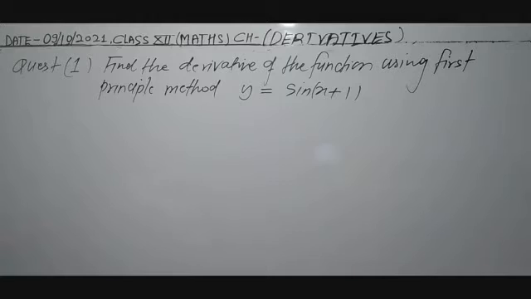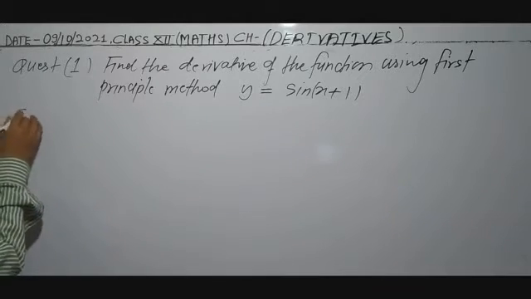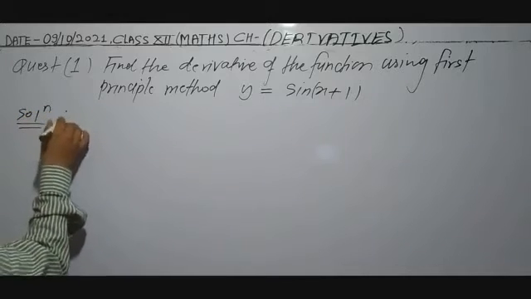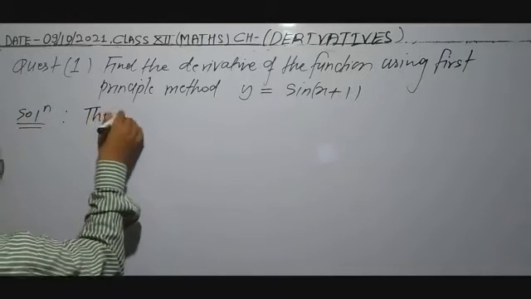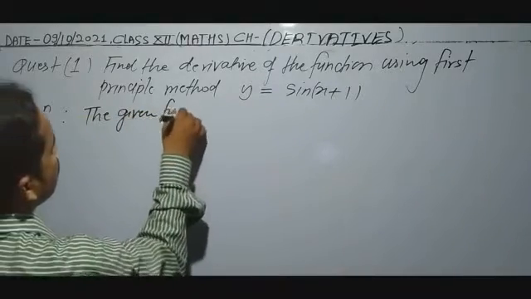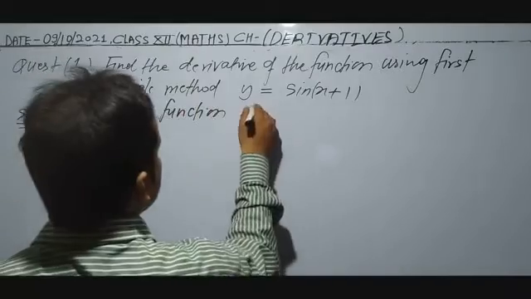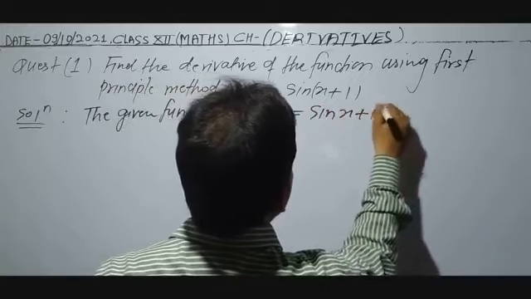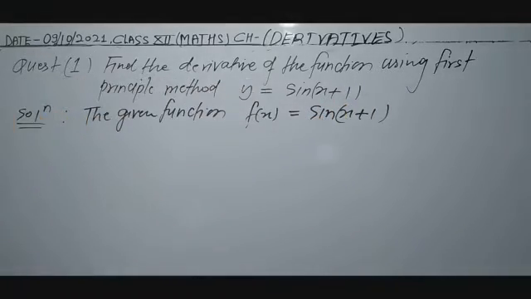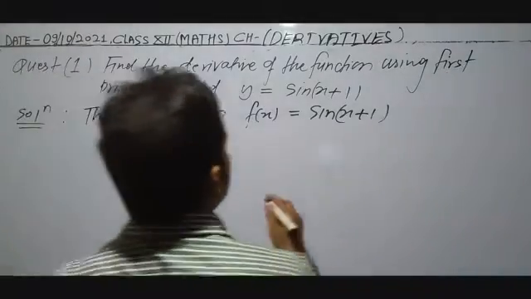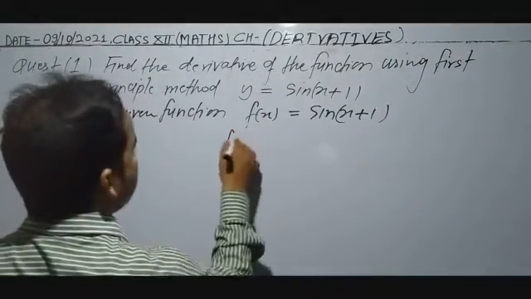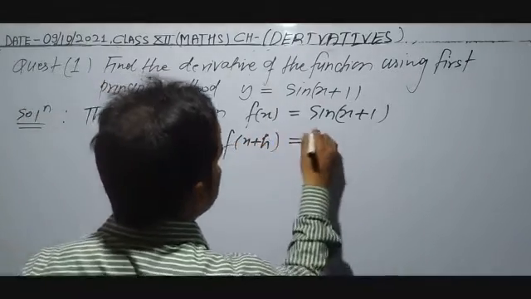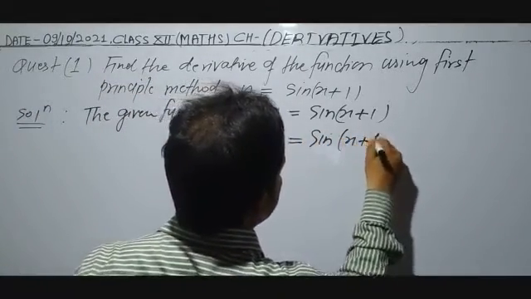So see the solution. The given function y is equal to f(x), and f(x) is equal to sine of x plus 1. Now through this expression we can write f of x plus h is sine of x plus h plus 1.